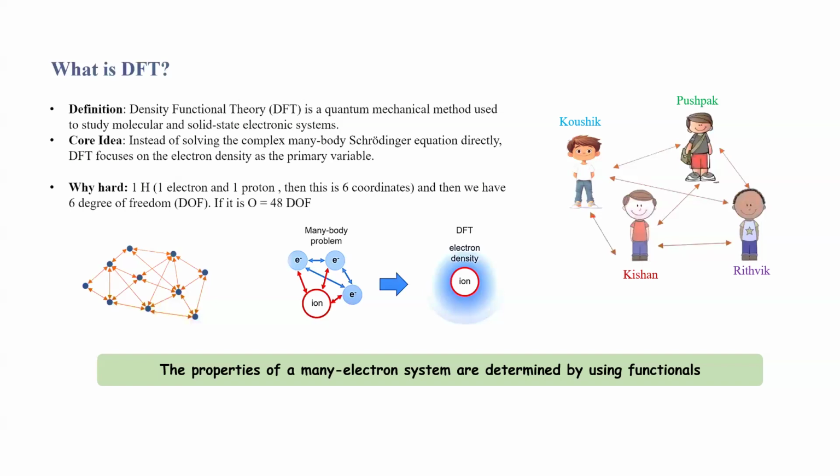But in DFT, the core idea is that we are not going to consider the individual electrons. Instead, we consider the whole electron density as the primary variable. In a simple statement, DFT does not calculate the conventional wave function, but rather derives the electronic distribution of the system.